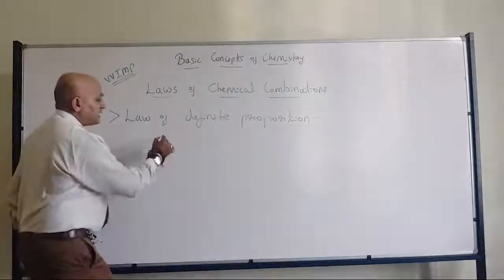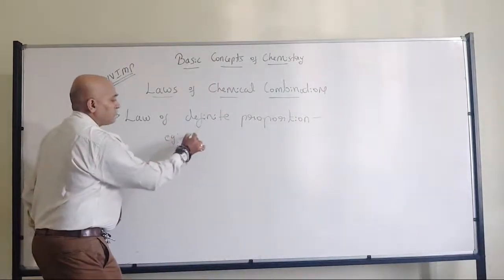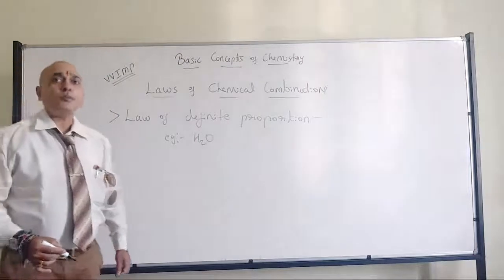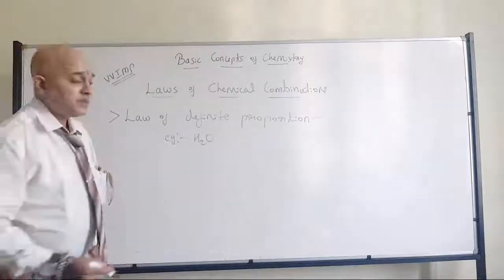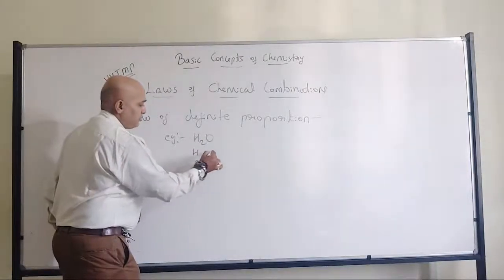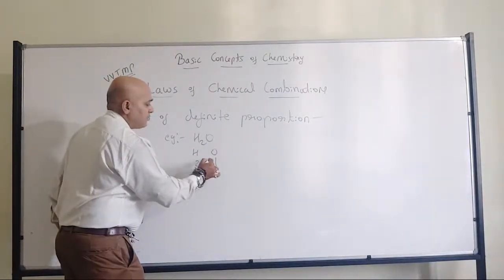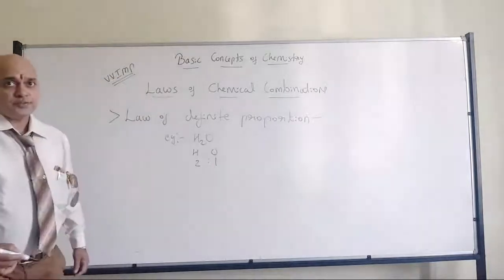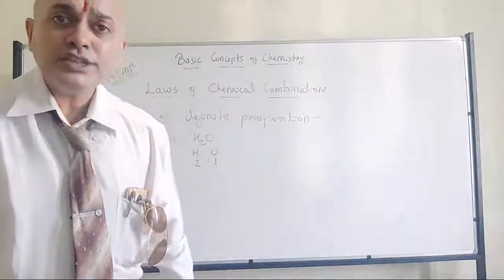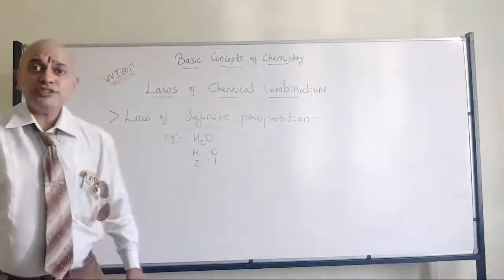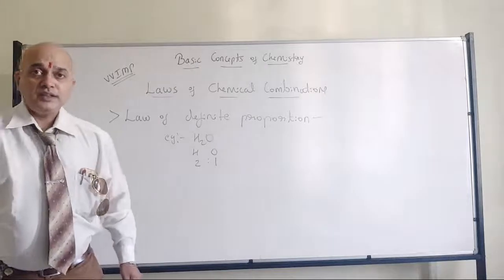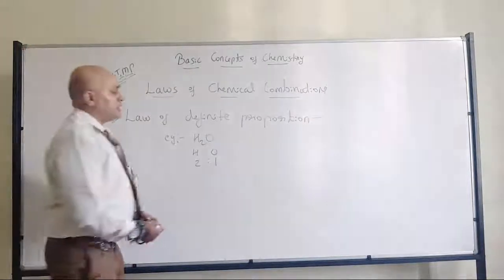Say for example, if I take water, H2O, a simple and common molecule. Here we have hydrogen as 2 and oxygen as 1, a 2:1 ratio. So whenever hydrogen and oxygen are present in a 2:1 ratio, they will give the water molecule.